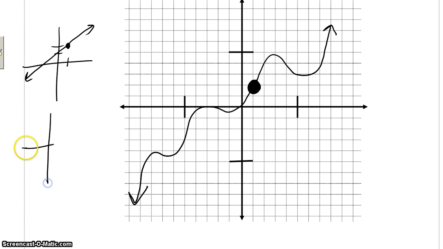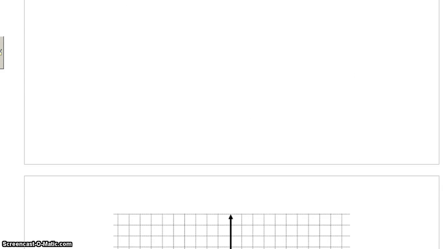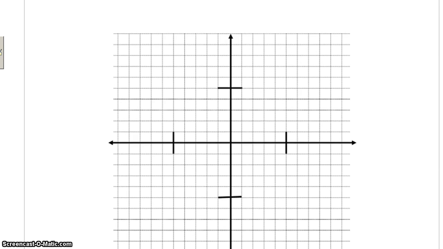It could look like this. It could look like just about anything as long as that limit is correct and the circle is colored in. So let's take a look at our next one. We're going to do some more problems like this.